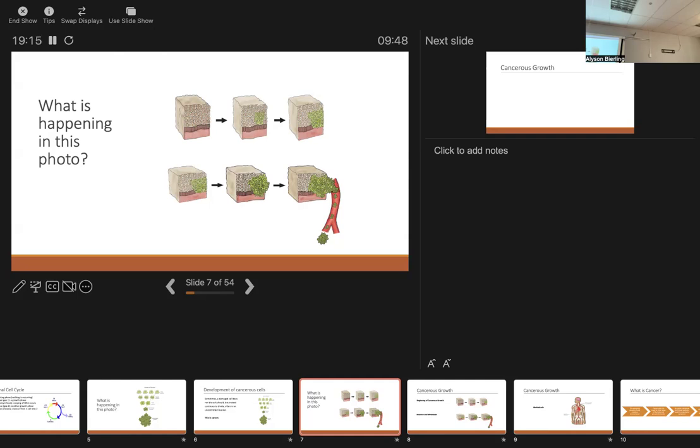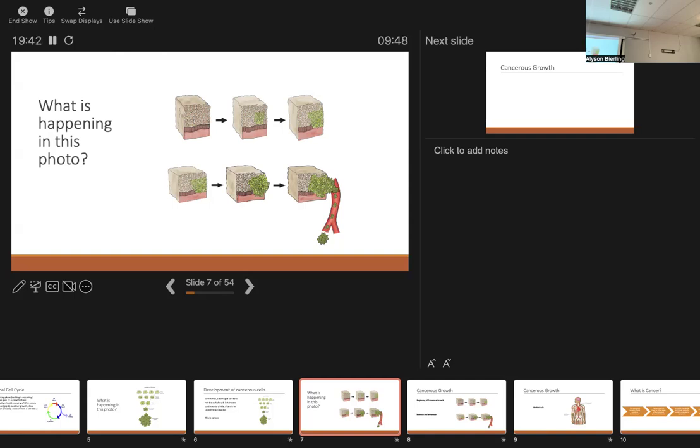So in the first image on the left, that's a normal, healthy skin cell. Maybe the patient had a burn, like a sunburn when they were 10, and there was some damage to that cell.